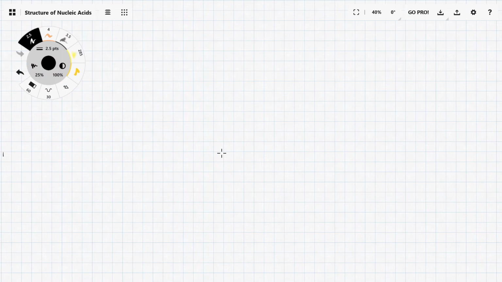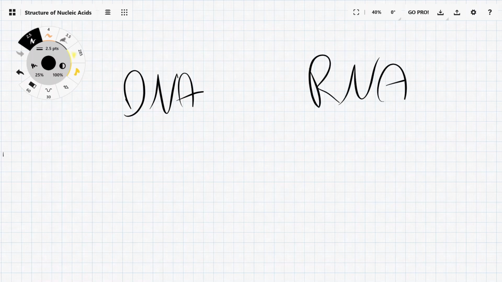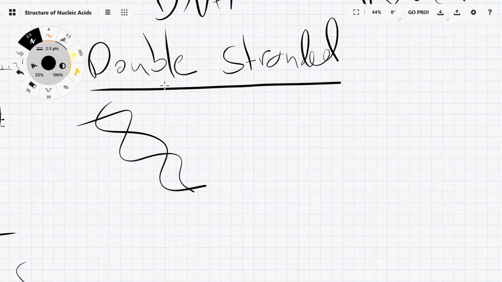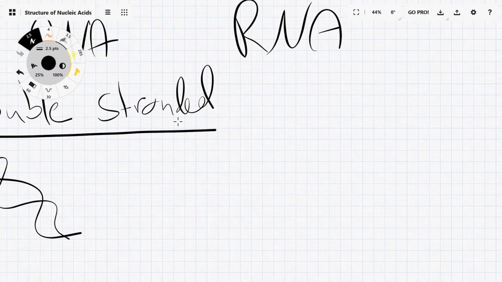So overall, two primary types of nucleic acids. We have DNA and RNA. And DNA, double-stranded, has that double helix shape and codes for the synthesis of proteins, or holds the code to create proteins. However, we also have RNA.